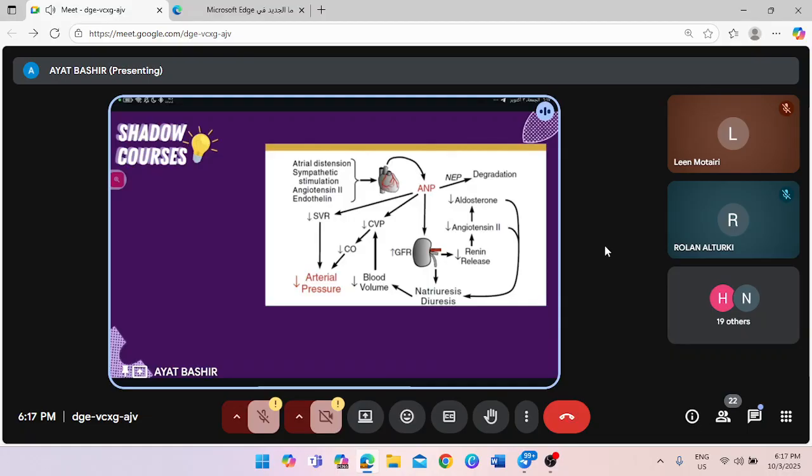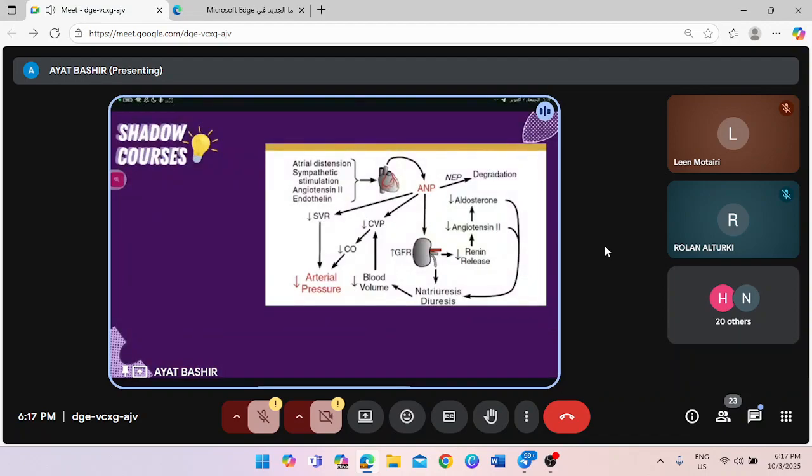From its name, natriuretic means putting the sodium in the urine. So we increase the GFR, putting the sodium and the water in the urine. By this, we will decrease the blood pressure, right? Because we started with an increase in volume, and we want to decrease it by this peptide.